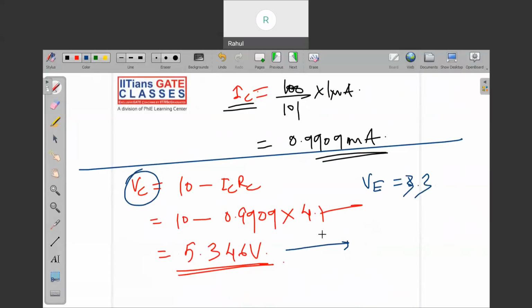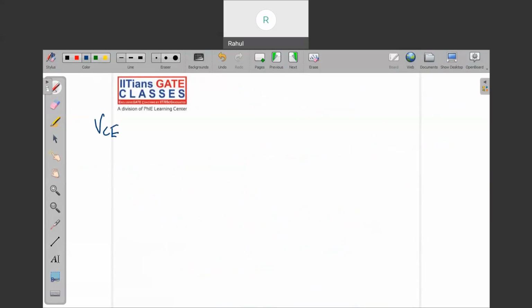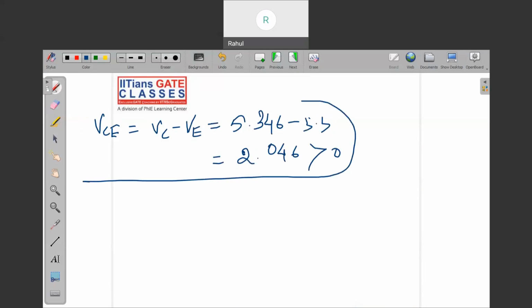So you can compute VCE, VC minus VE, that is 5.346 minus 3.3, right? So you are getting VCE as 2.046, which is greater than 0, and it is also greater than 0.2, right?